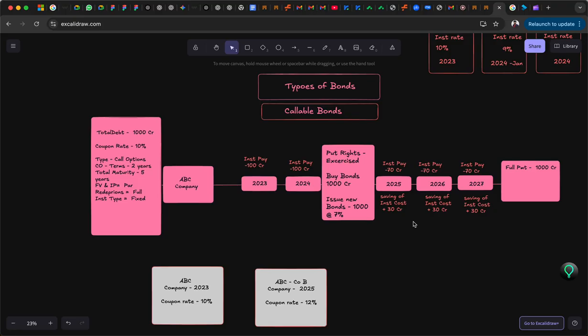Putable bonds carry sell rights, which the investor always holds, to sell the bonds back to the company after a certain period. Both are different, because one is in favor of the investor and the other is in favor of the company.